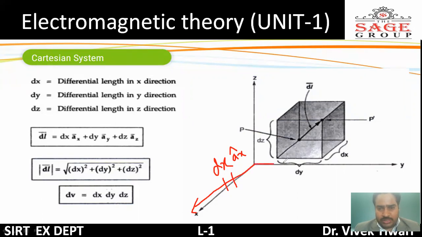What is the next variable? The next variable is y. If we take a small displacement, it will be dy, and its direction will be ay. In the same way, a small displacement in z will be dz, and its direction will be az.